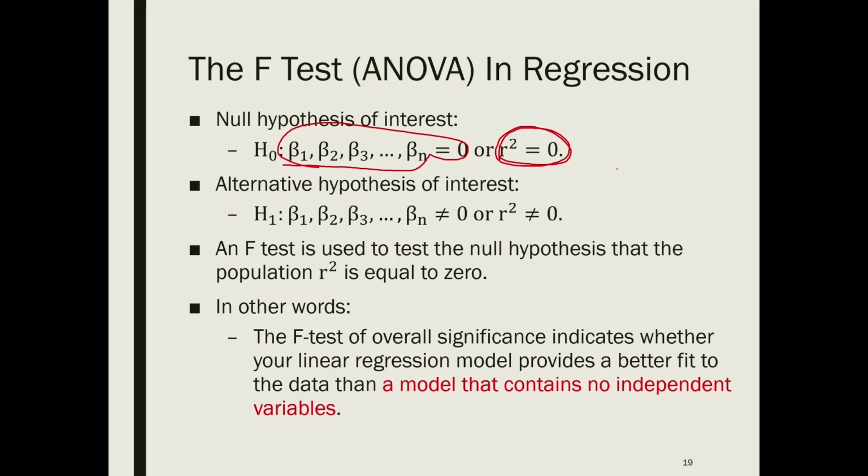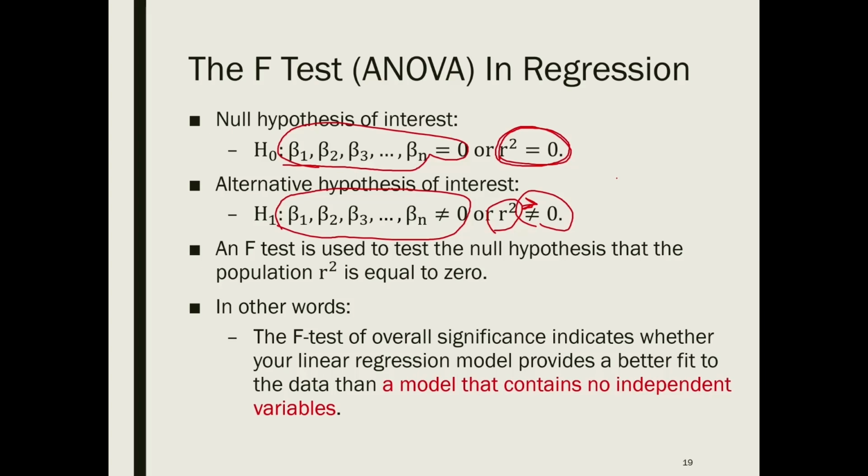That basically means this model has no useful independent variables. The alternative hypothesis is that the R square is not equal to 0, or here, as you can see, the R square is always larger than 0, so if you put unequal or larger, they are both correct. So that means at least some of the variables have a significant impact on the dependent variable.